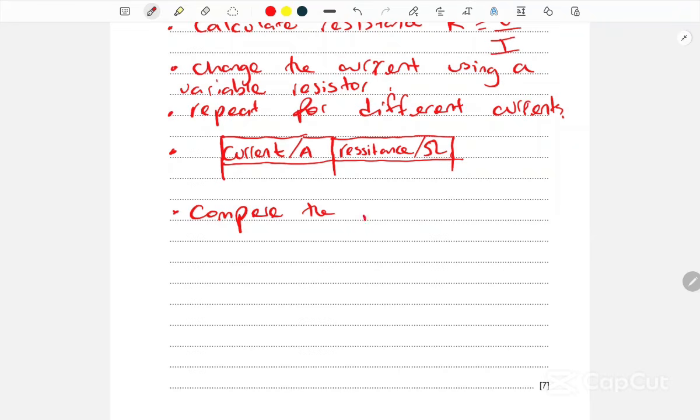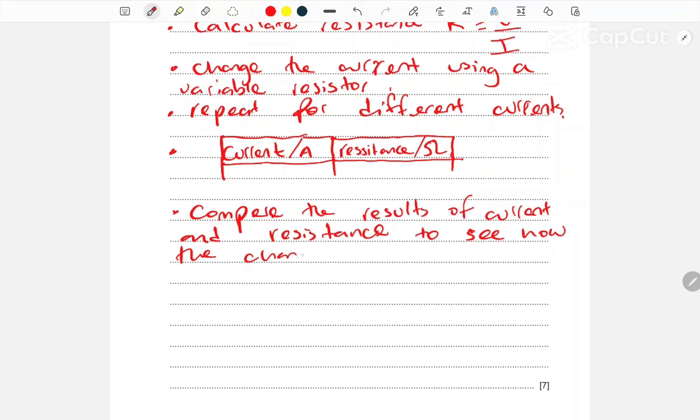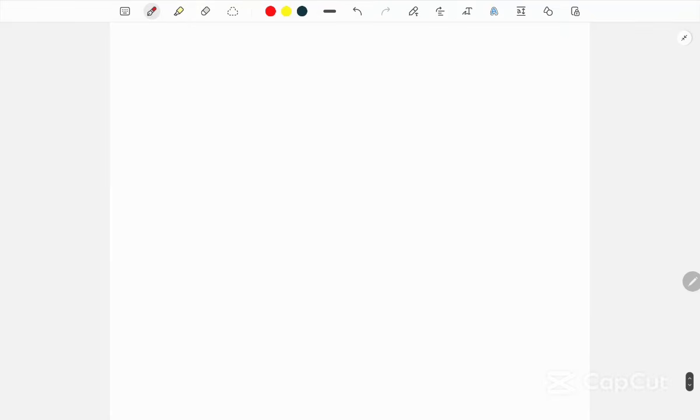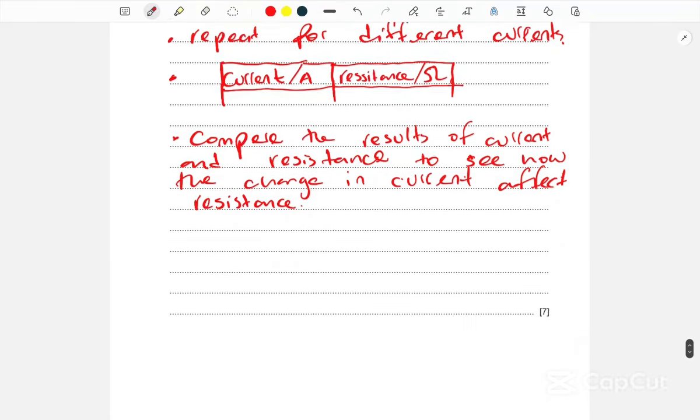So compare the results of current and resistance to see how the change in current affects resistance. And that's how you get the full 7 marks. So that was the last question.